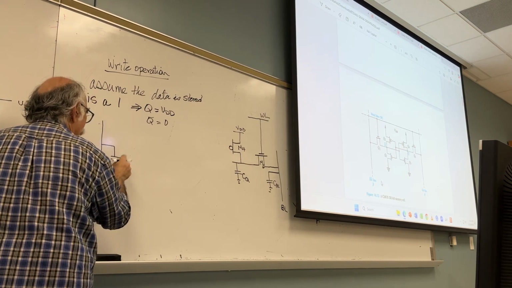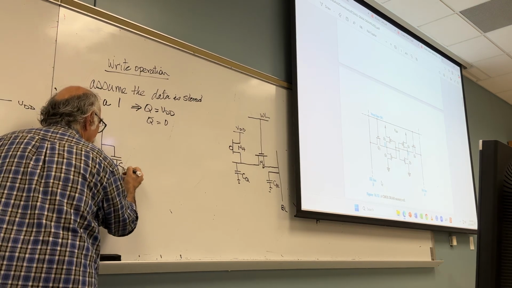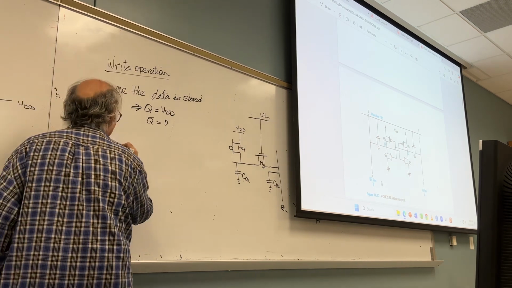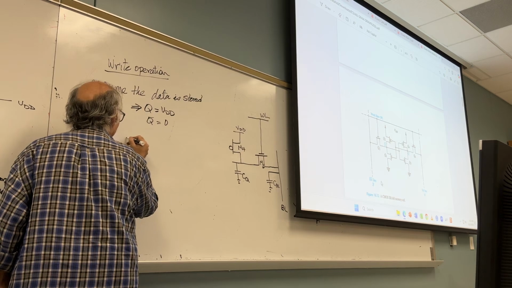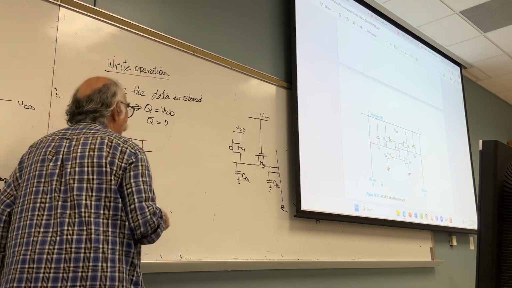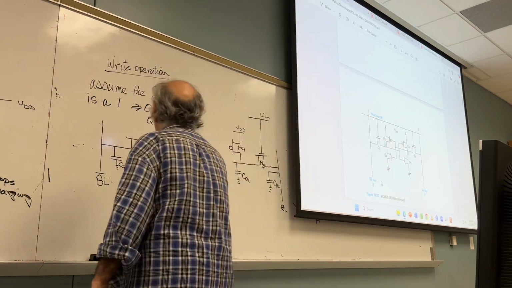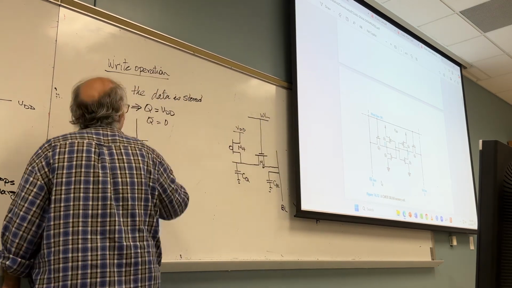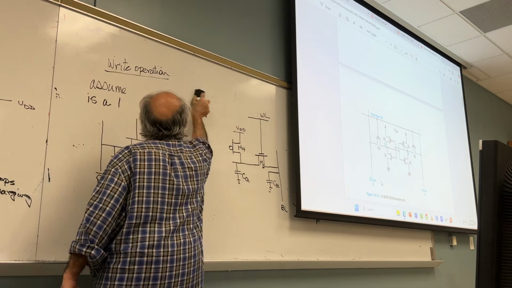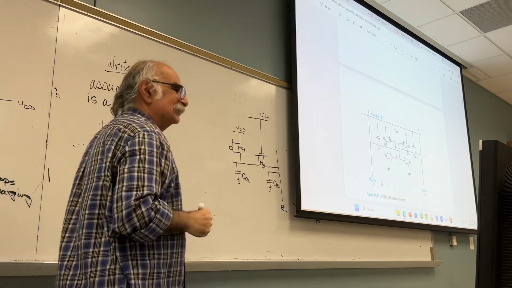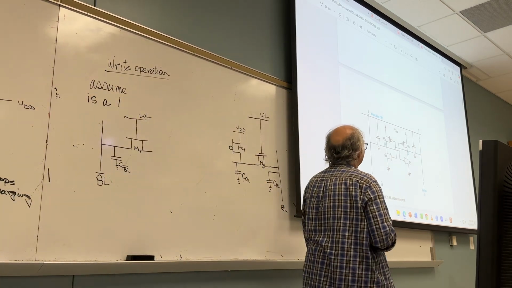What is this one? C, bit line bar. What is this? M5. And what else? PMOS is off.